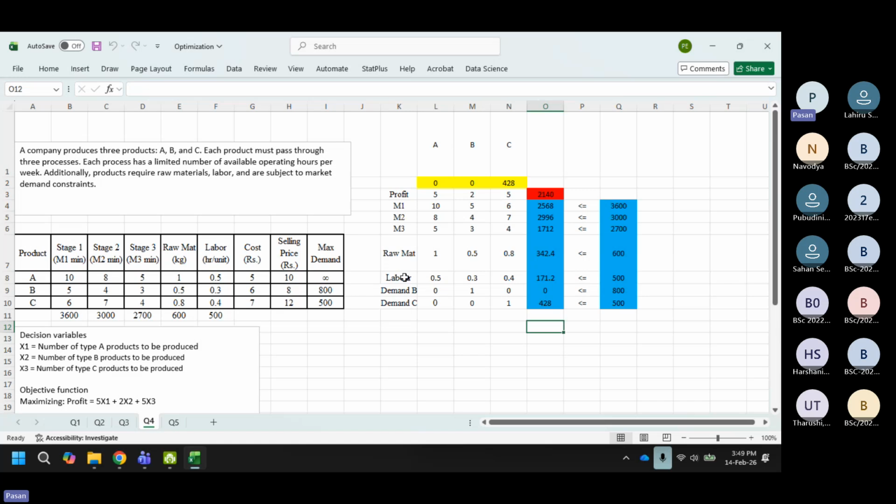So therefore you may have to modify these numbers, right? So that way you will be able to identify that the production of these two is also going to be something useful, right? So we can identify that. So that's this example here.